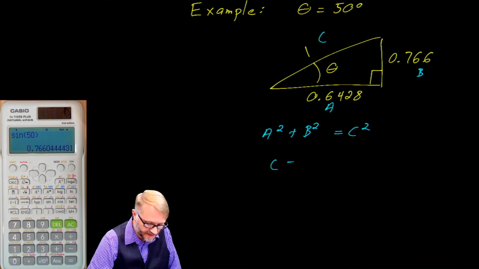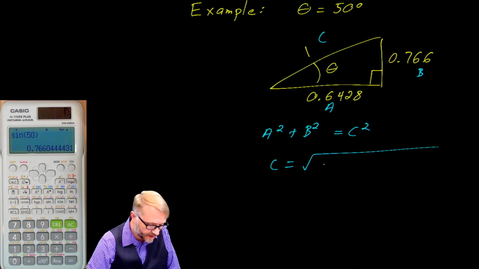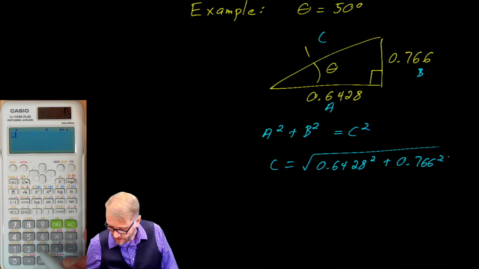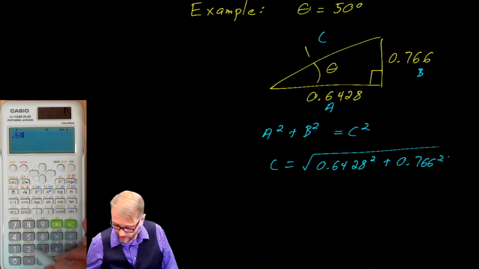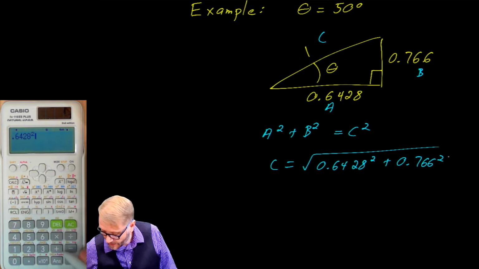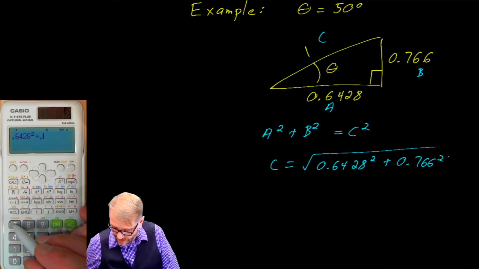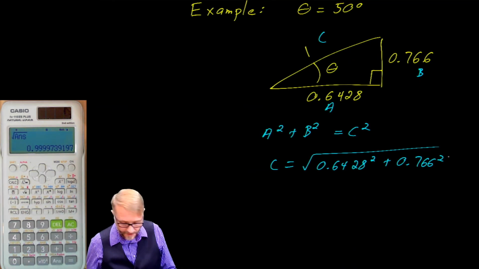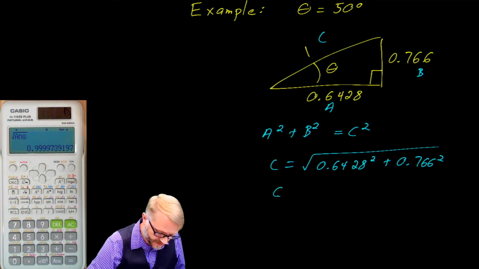So c is equal to the root of 0.6428 squared plus 0.766 squared. Let's try that real quick. So 0.6428 squared plus 0.766 squared equals, and now we want to take the square root of that. So square root of answer equals, and it better be 1. Okay, good. So c is equal to 1.